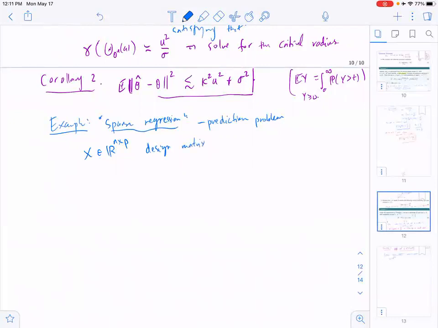And then I'm going to take theta to be the set of all X beta such that beta is in RP. If you look at the regression problem, Y is X beta plus epsilon, right? And then epsilon is normal with mean 0, sigma squared I n. So we're calling this theta.